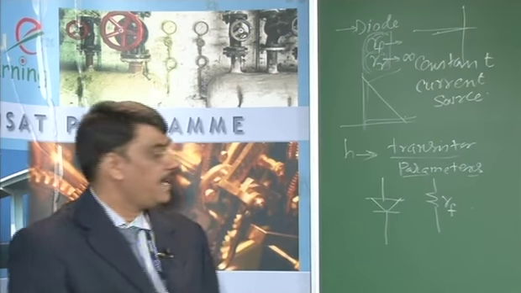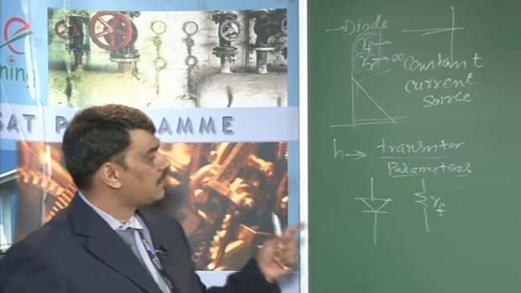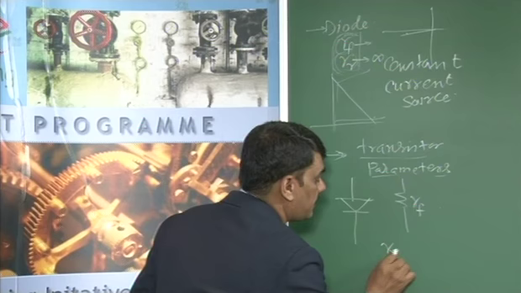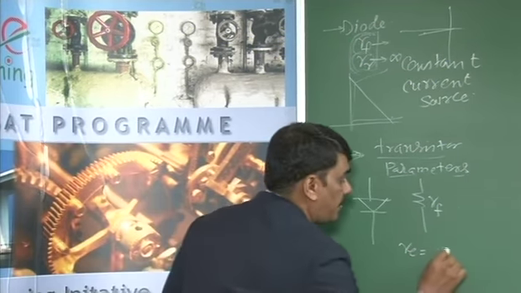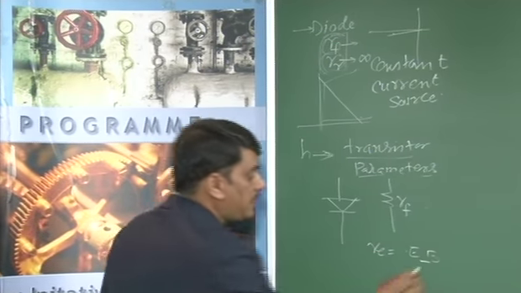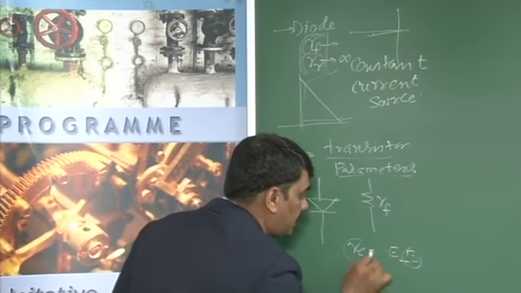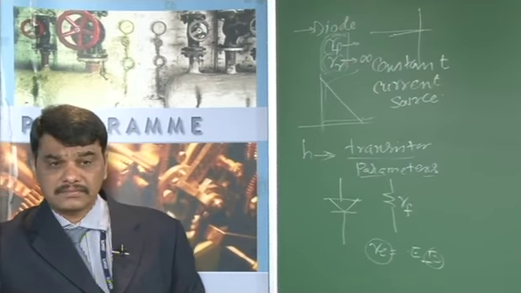The suffix E indicates the resistance of the emitter base junction, where the base is grounded, and that resistance is denoted RE.